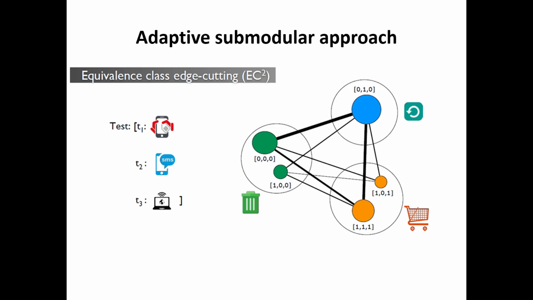Then EC2 first suggests to construct a graph where the nodes are the hypotheses. And in this graph, we consider an edge between every 2 hypotheses or nodes which are in different decision regions. For example, we do not establish an edge between the 2 hypotheses which are in the green decision region, and the same for the 2 hypotheses which are in the orange decision region.